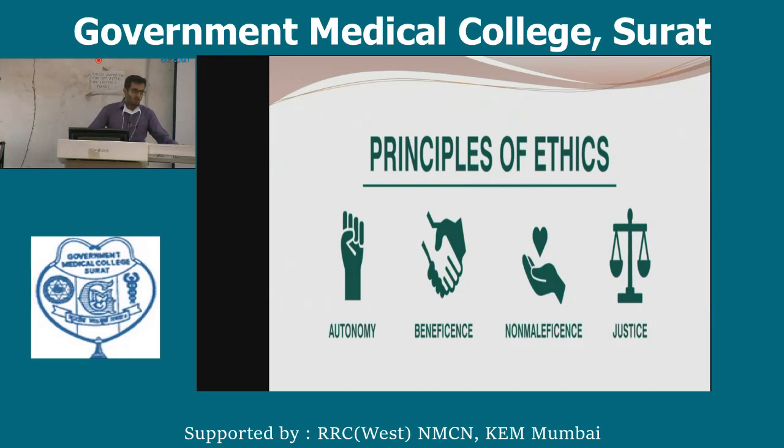Non-maleficence means we are not causing damage to the patient. And justice means distribution of healthcare equally to all levels of persons, whether rich or poor, of upper or lower social position, upper or lower economic status.